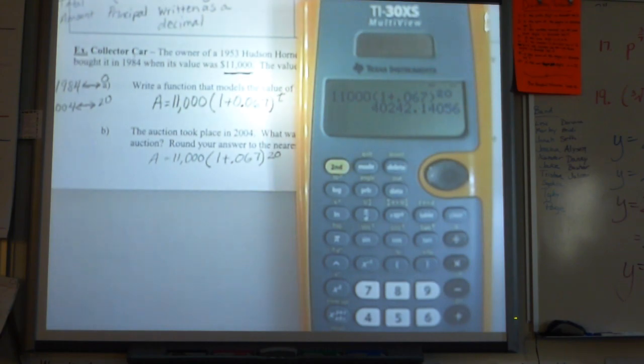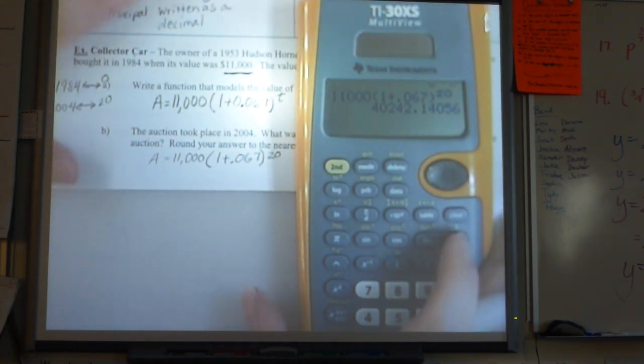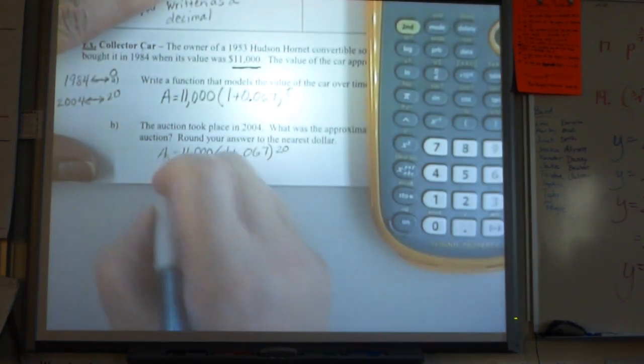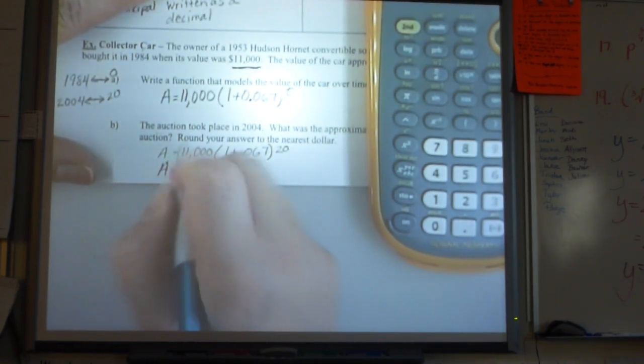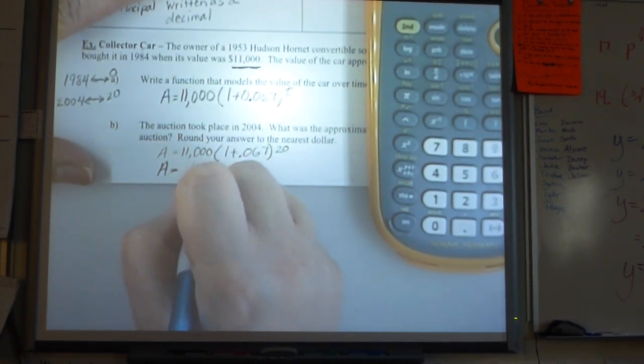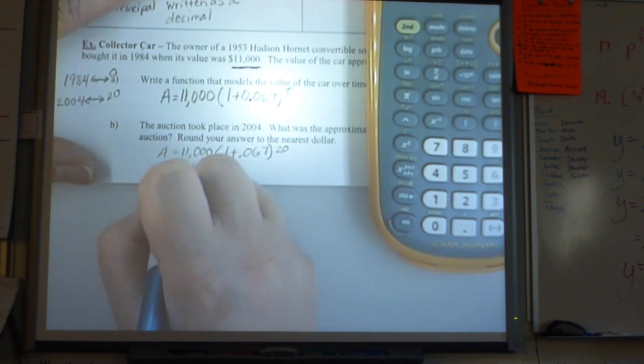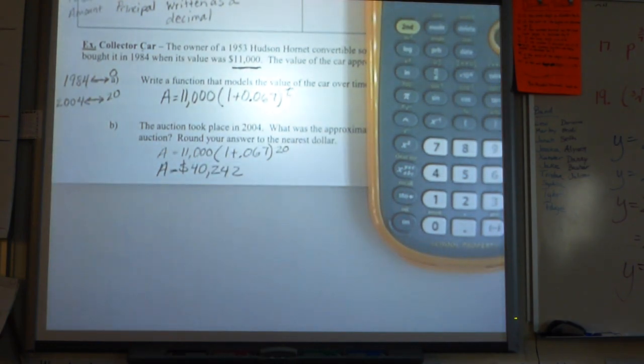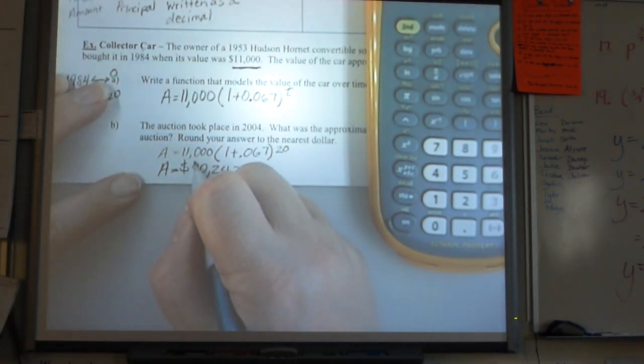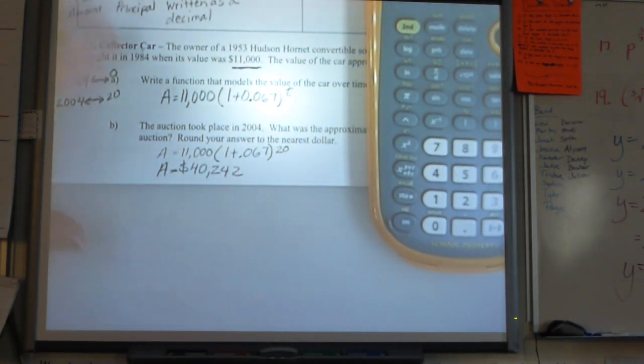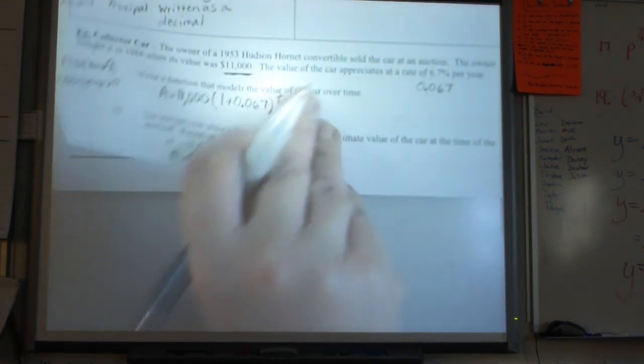Okay, so to the nearest dollar, that's $40,242. Pretty nice little investment, right? Not so sure that happens most of the time, but that's great that it happened in that case.